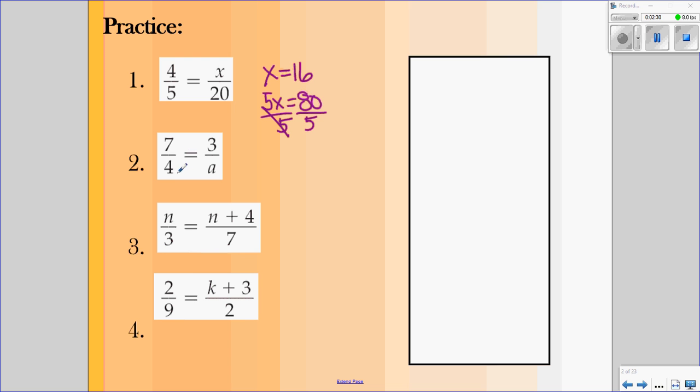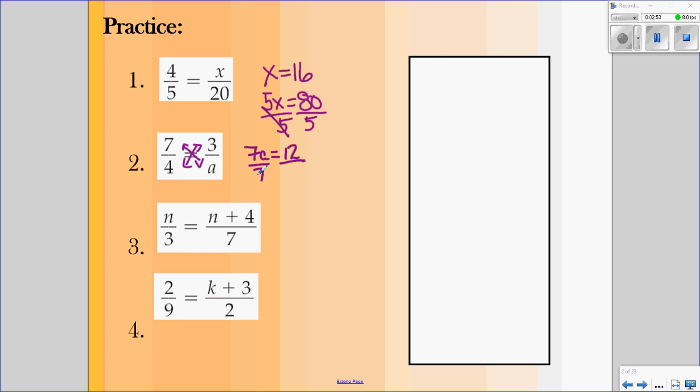This one, unless you're really good and figure out how to get from 7 to 3, what you divided to get to that, then you'll be able to use it for 4. But in this case, let's cross multiply. That's the symbol that I use. So 7a equals, and this gives you 12.